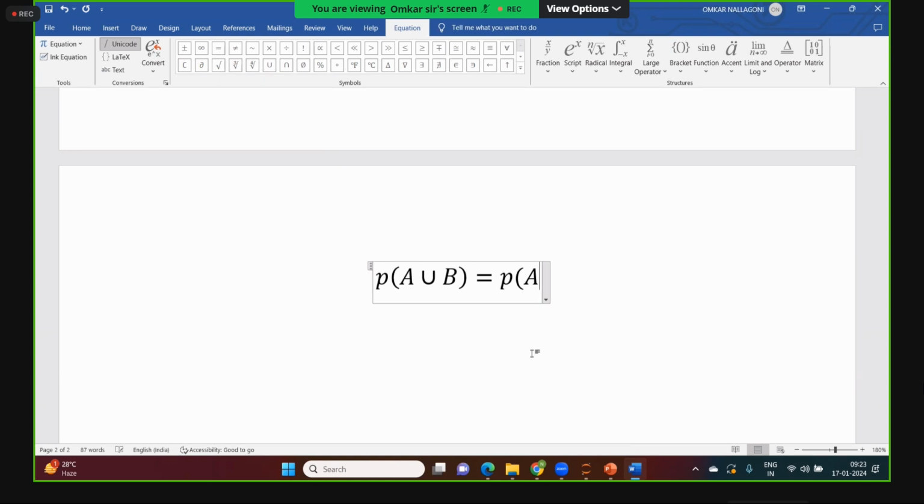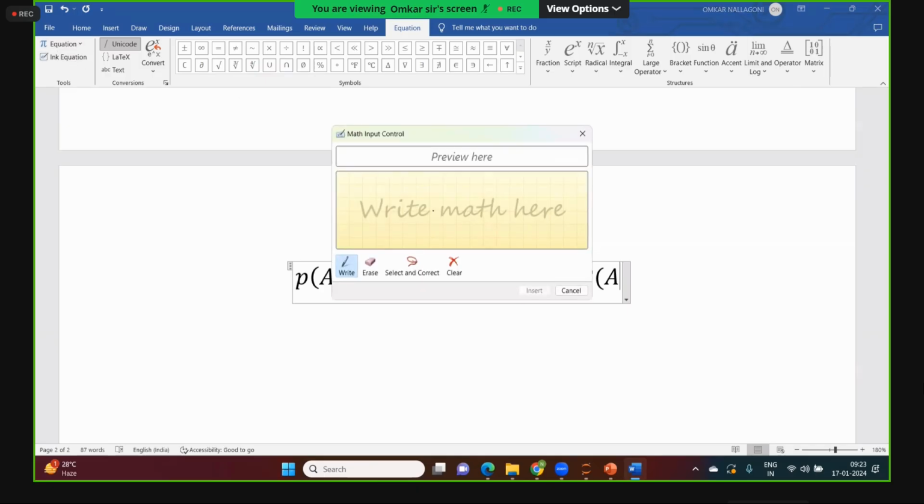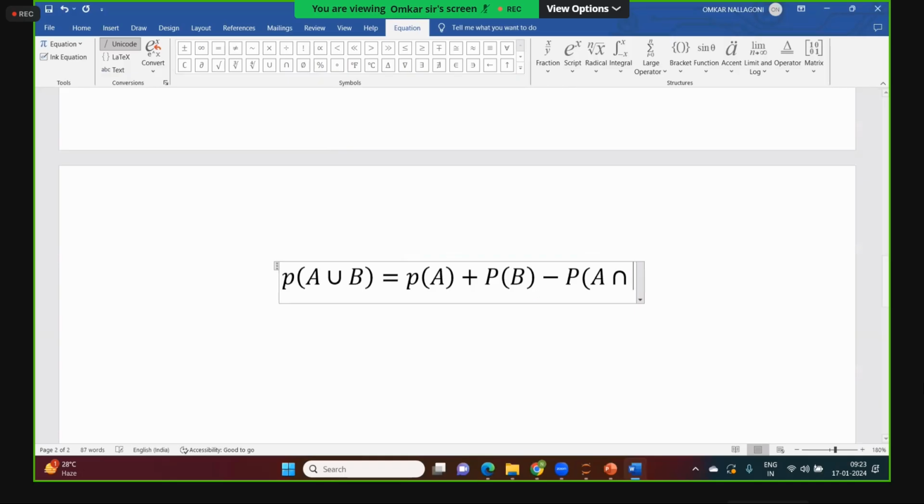P of A plus P of B minus P of A intersection B.